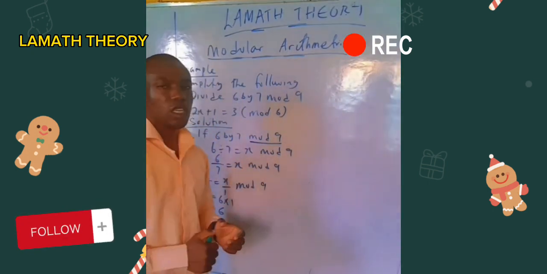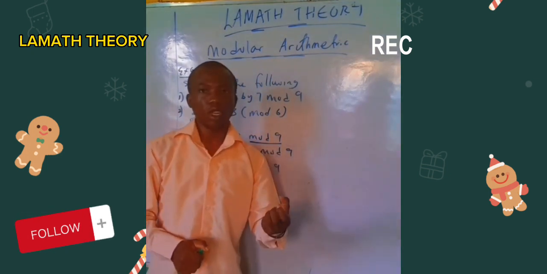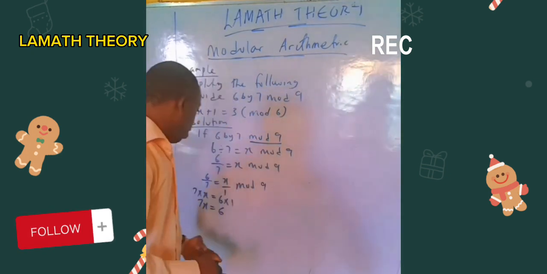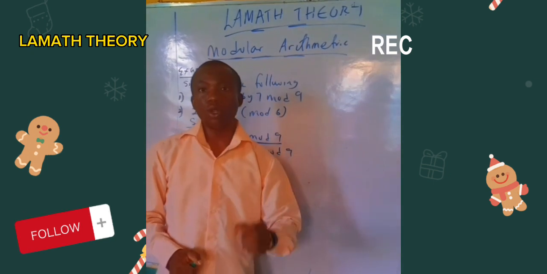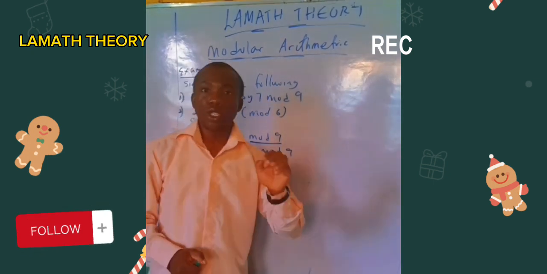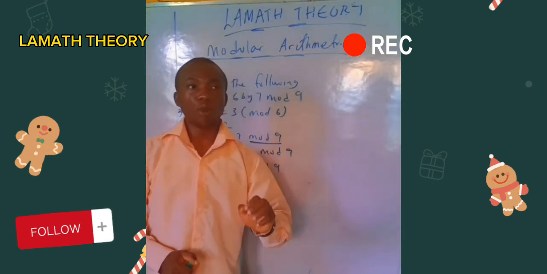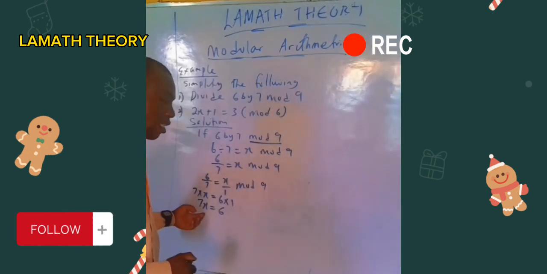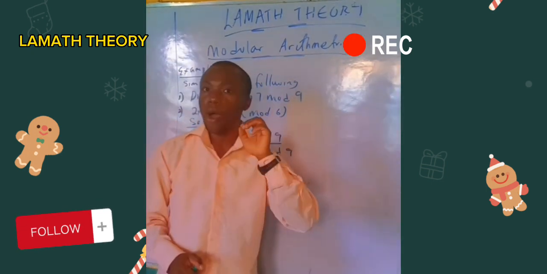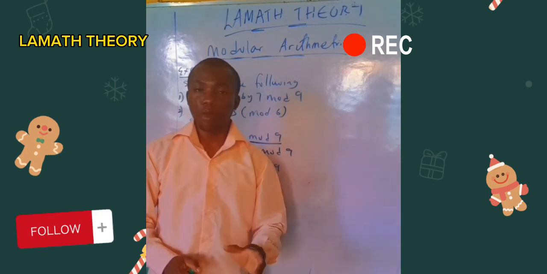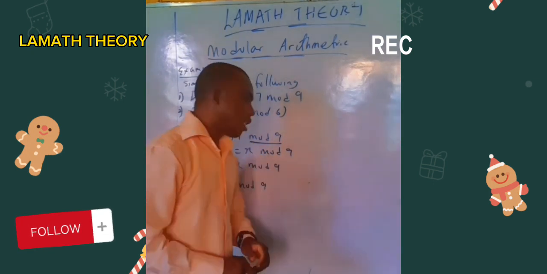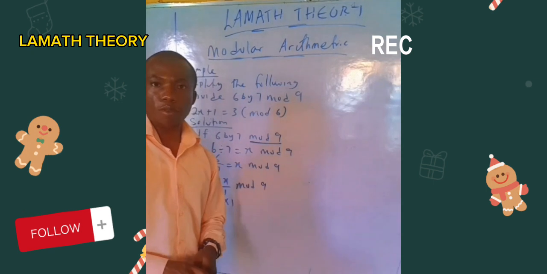How are we going to do it? We are going to use the multiples of 9. When we have the multiples of 9, we are going to add them to 6 so that we can divide by 7 and get our variable, which is x.